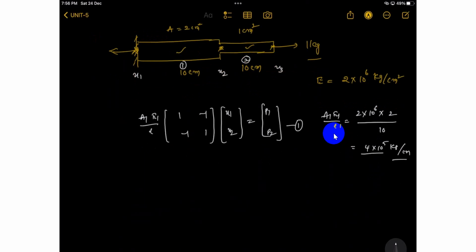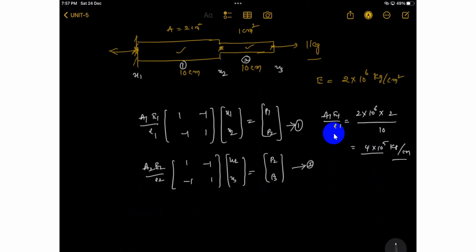For the second also, A2 E2 by L2 times [1 -1; -1 1], times [u2 u3], is equal to [p2 p3]. This is the second equation. What is A2 E2 by L2? The E value is the same, area 1 divided by length 10, so 2 into 10 power 5.